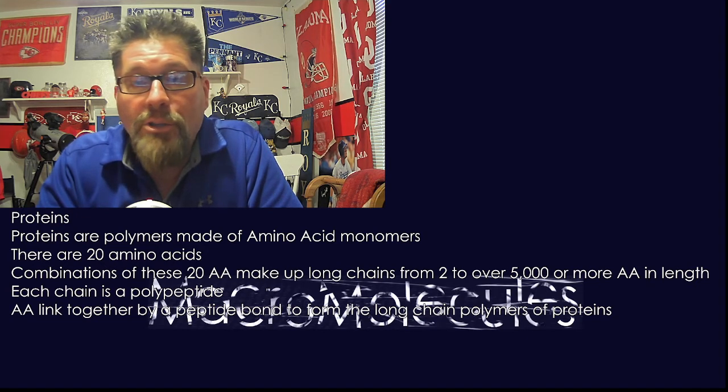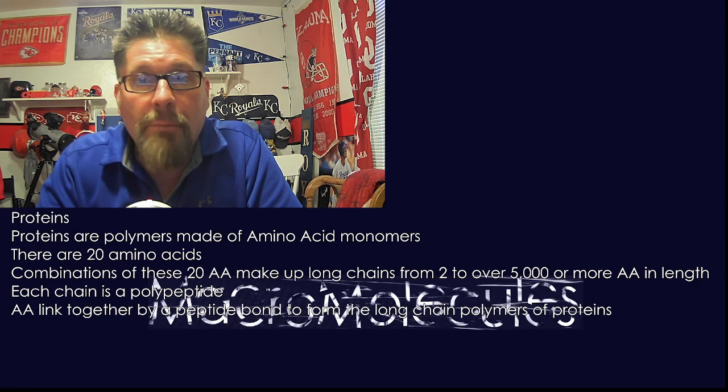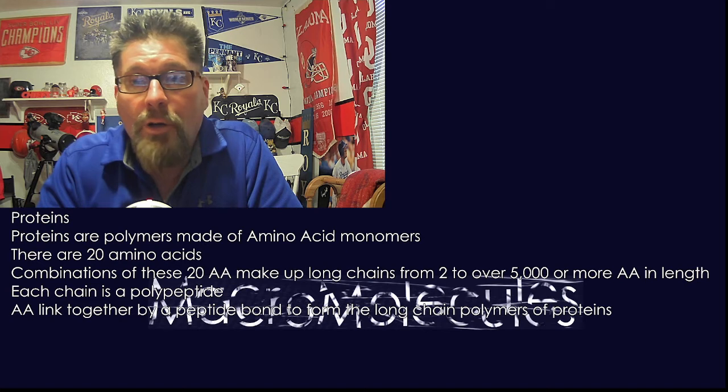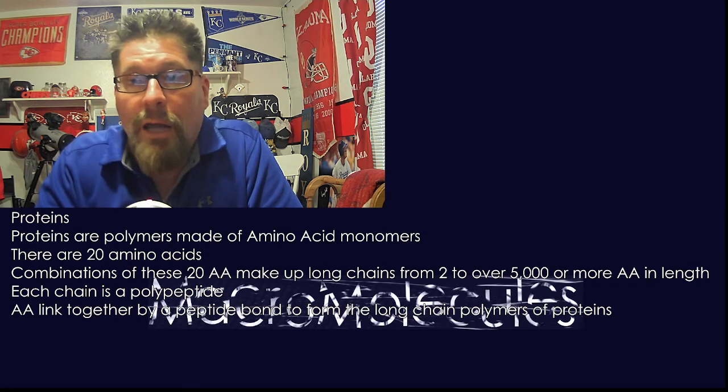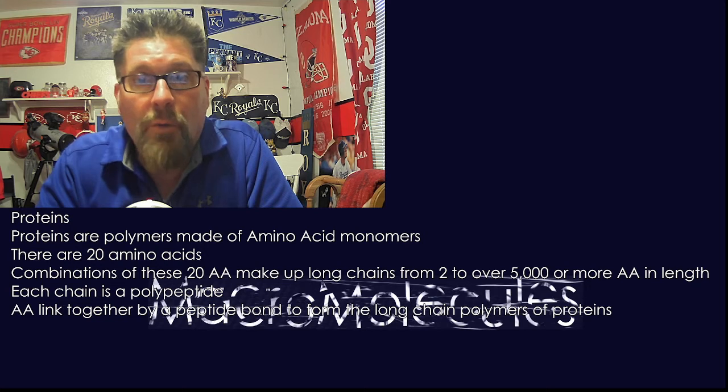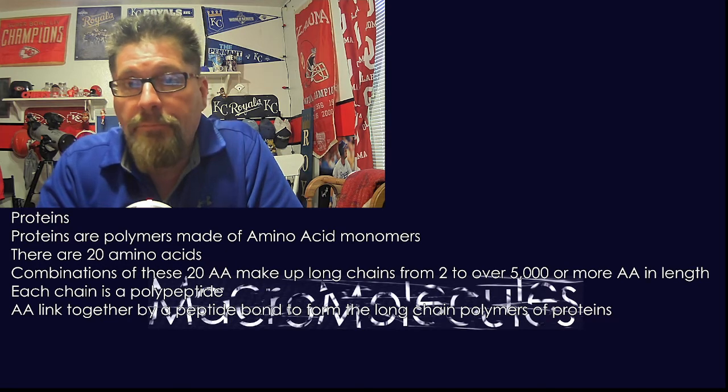And you take these 20 amino acids, and through just a multitude of combinations, you can make all of the proteins that are out there. They can be as small as a couple of amino acids to some that have over 5,000 amino acids in length. But there are hundreds and hundreds of different types of proteins.